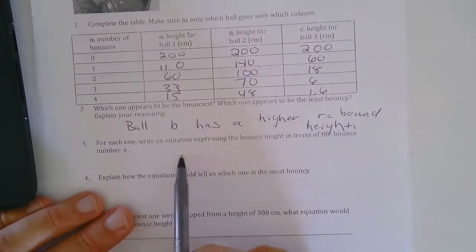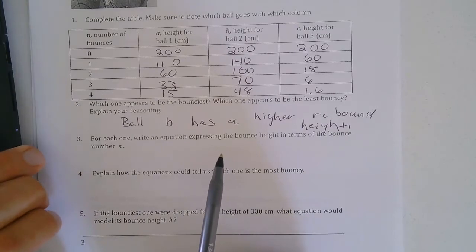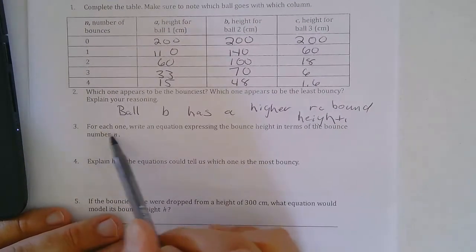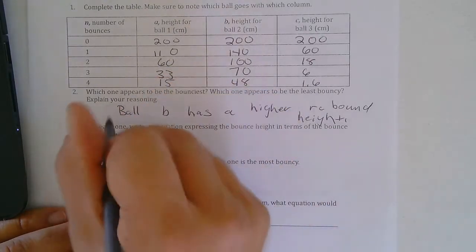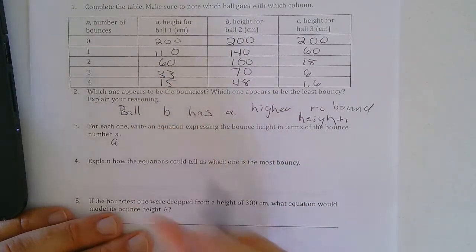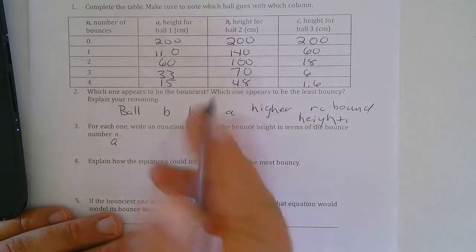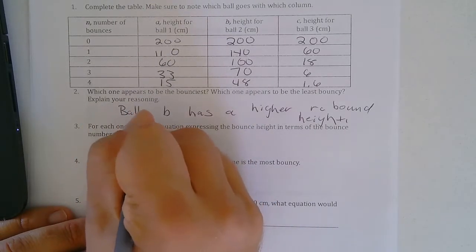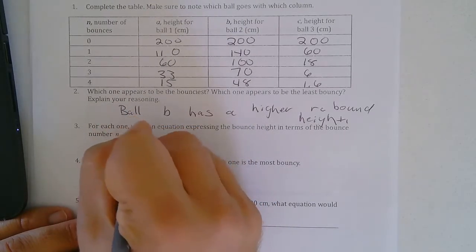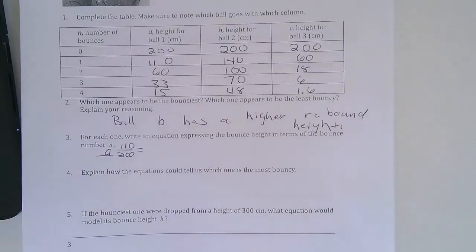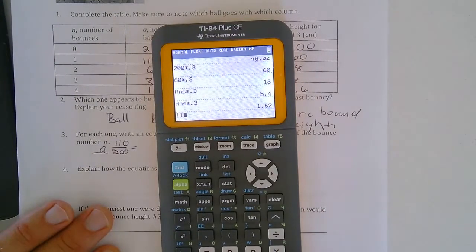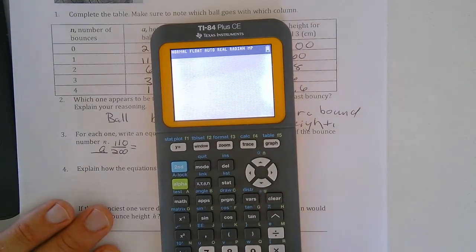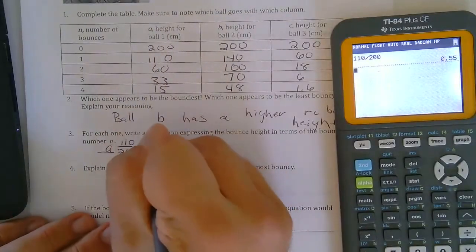So for each expression, write an equation expressing the bounce height after bounce N. So in this problem, for A, we'll have to do a little bit of work. We'll go 110 divided by 200, and I got 0.55.